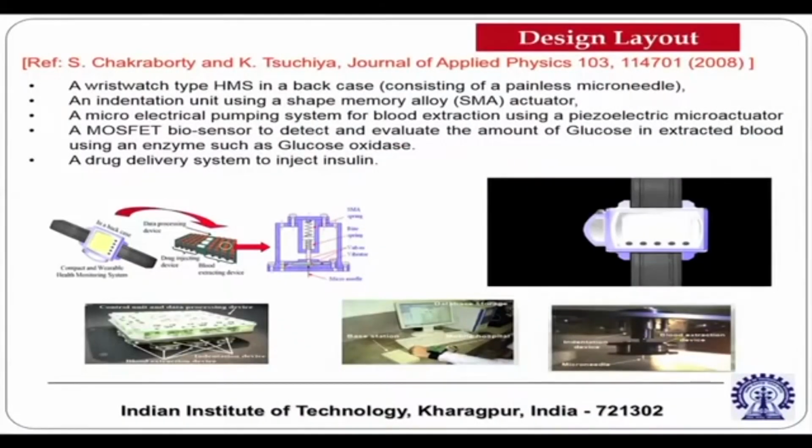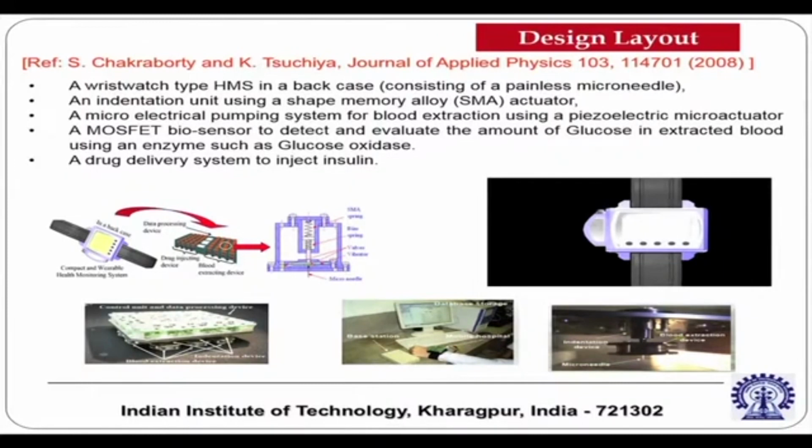So the device is something like this, it will look like a wristwatch, and the wristwatch type of device is shown here, unfortunately the movie is not working, otherwise you could have seen an exploded view of this.